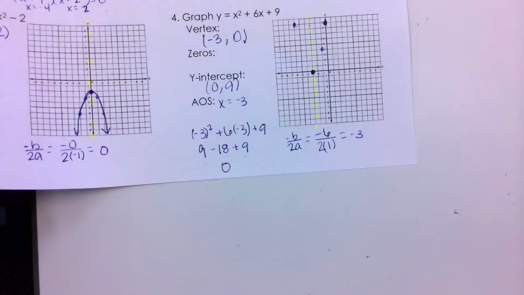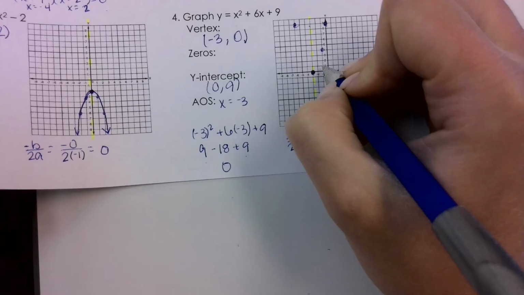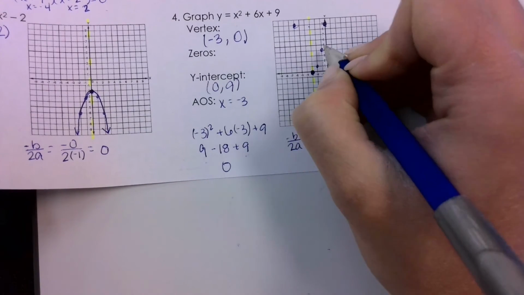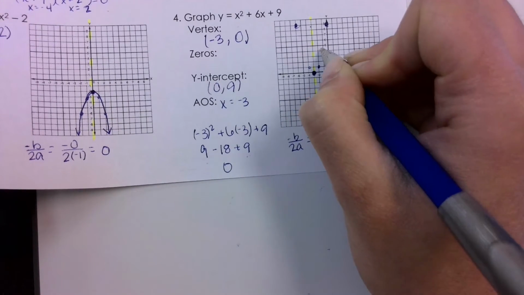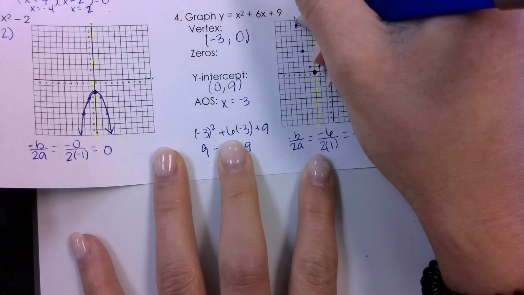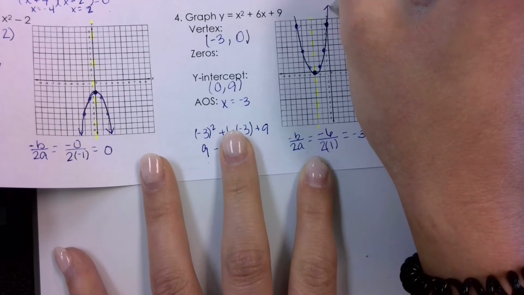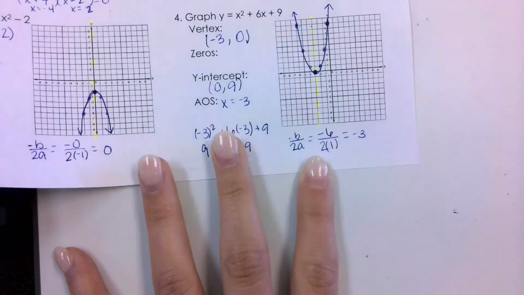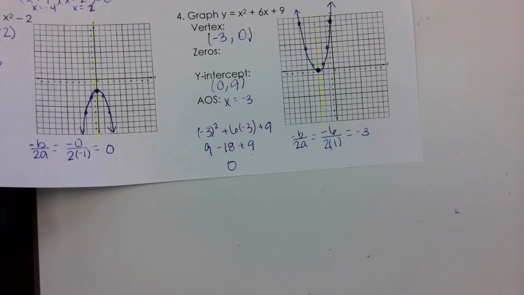When you plug in negative 2, what do you get out? 1. So negative 2, 1 is a point. Then you could reflect those two over, so you don't even have to keep scrolling in your calculator. Then connect your dots, and we're all done. Questions?